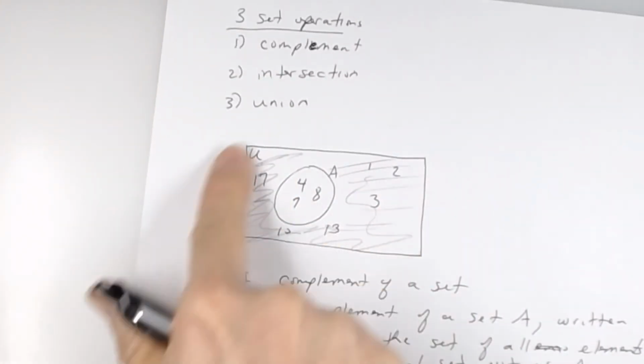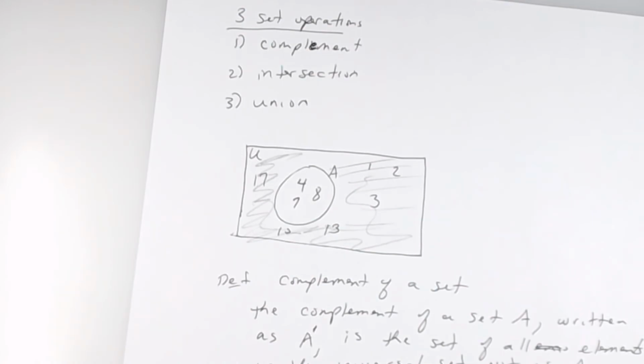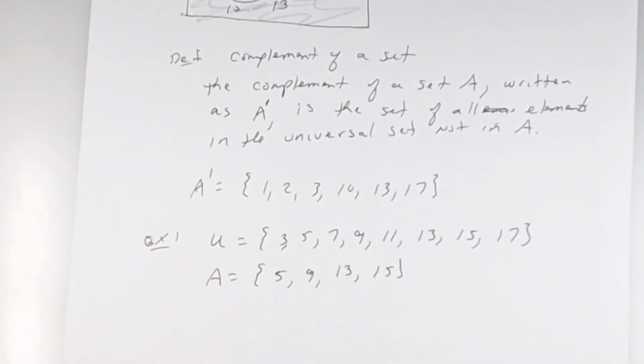Is set A inside the universal set? Yeah. So just make sure that as I'm doing these examples, I write the correct numbers. So is 5, 9, 13, 15 inside here? 5, 9, 13. Yeah. All right, so we're good so far.